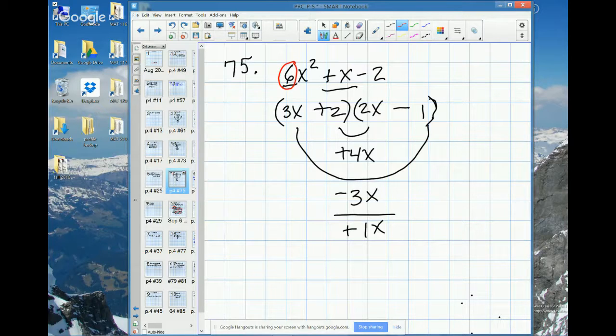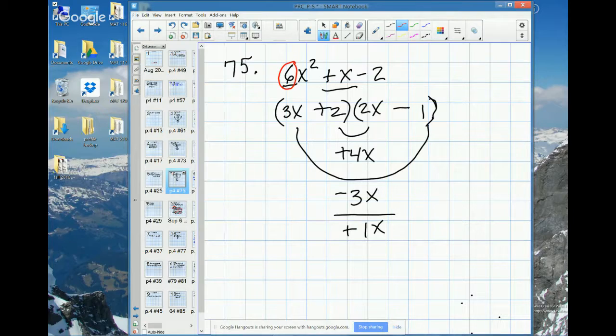So you see how I tried 3x in the beginning of the first parenthesis, 2x in the beginning of the second. Then you have to play around with the 2. You can't play this riddle in your mind of which 2 numbers multiply out to -2 and add up to 1. You can't do that when there's this 6 out there.